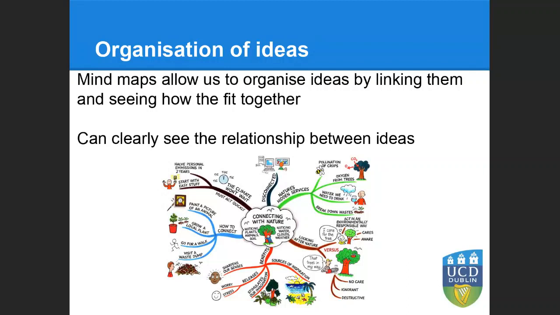It's something that's very organic, and then you can start to see the connections and the relationship between ideas and start to form points based on that. So they are very useful when you're planning answers and when you're planning maybe a research question or something like that, so that you can bring related ideas together into a similar point.